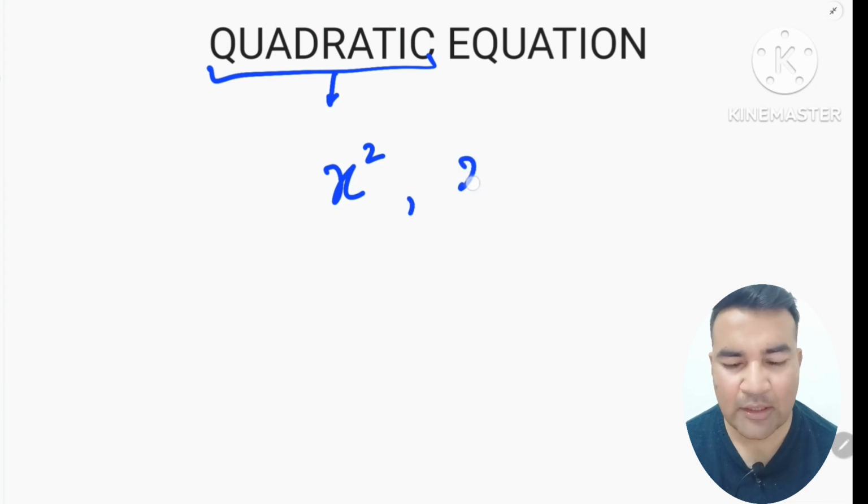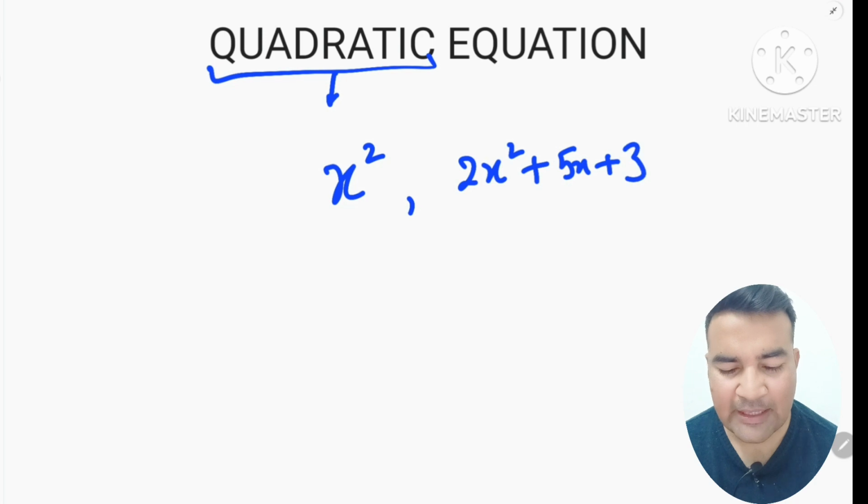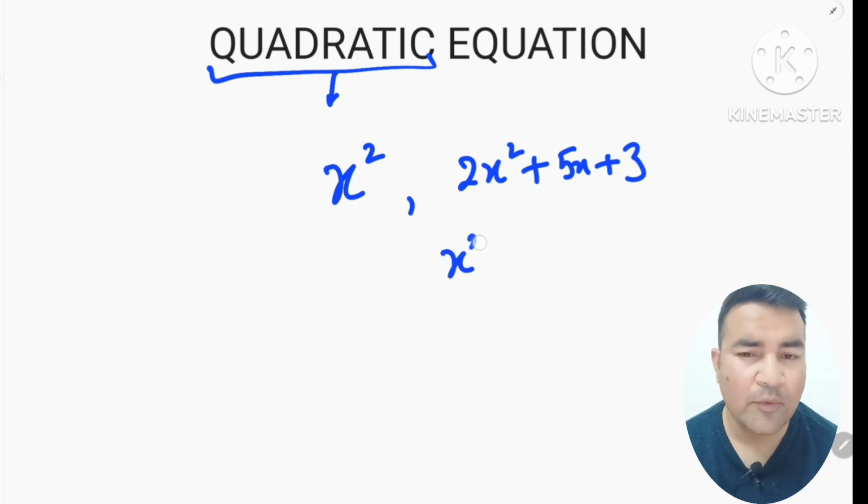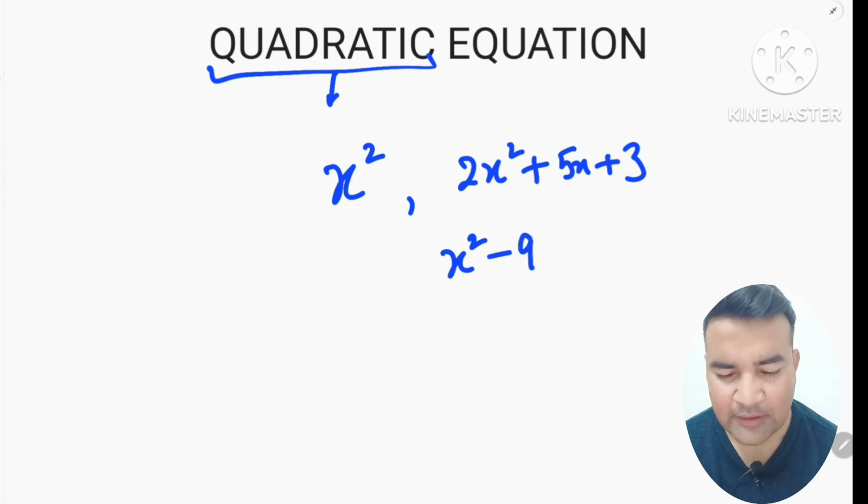For example, 2x squared plus 5x plus 3 is a quadratic equation. Let's suppose x squared minus 9. This is again a quadratic equation, because here the highest power is 2.